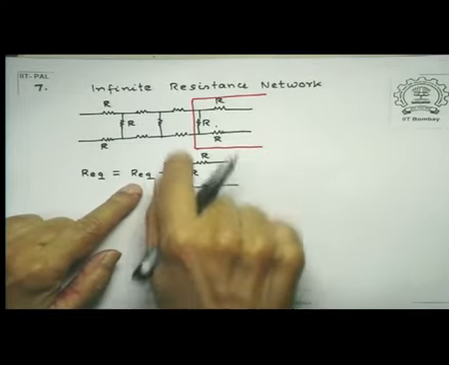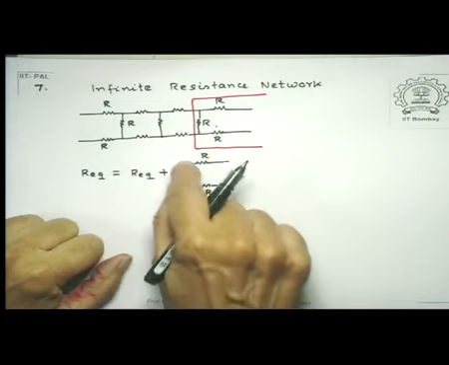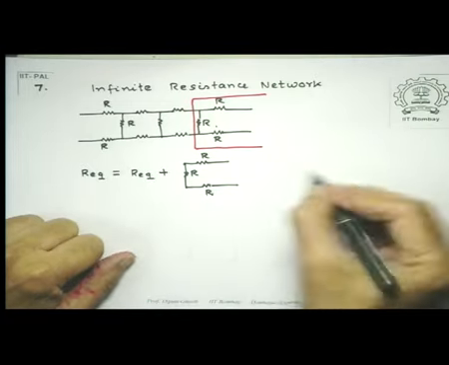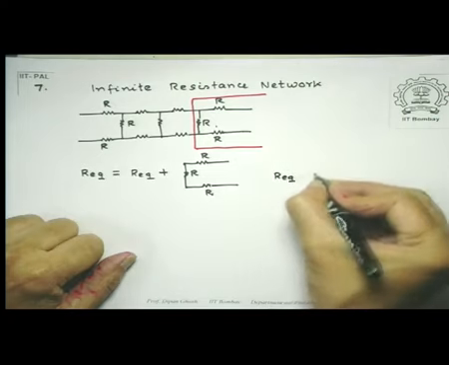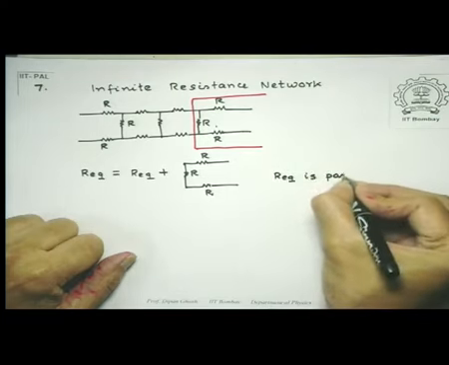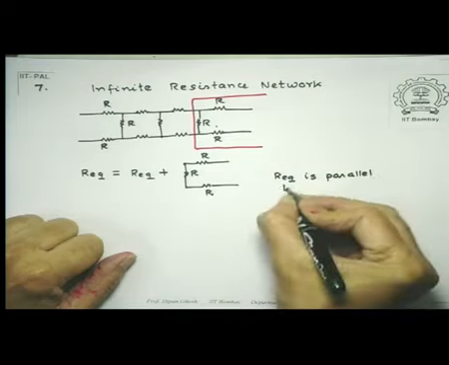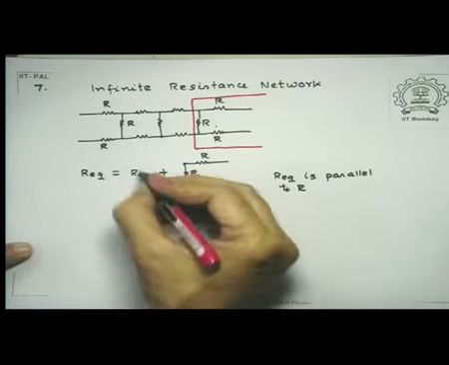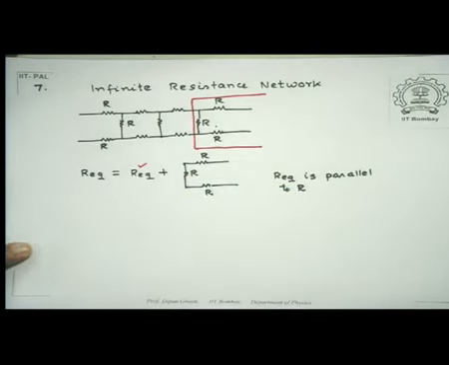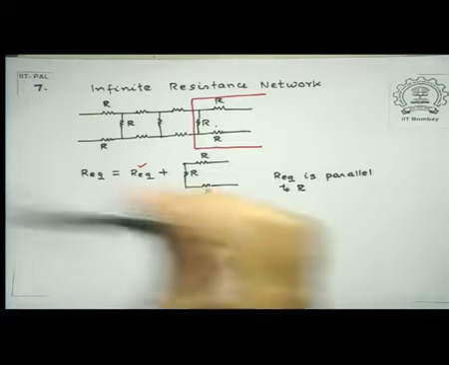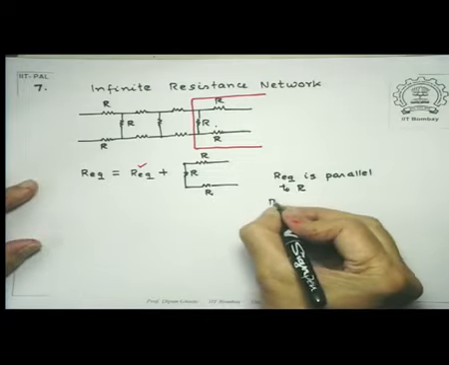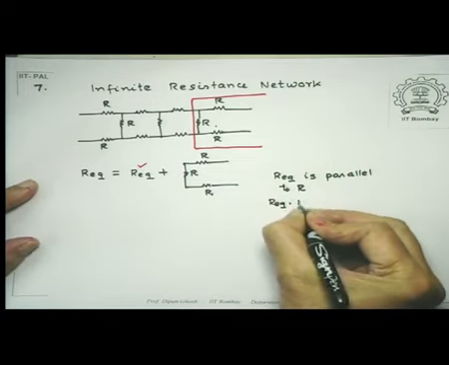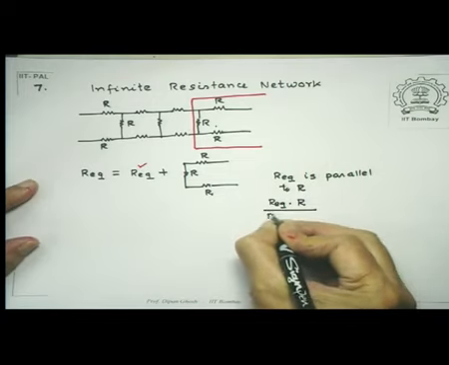This Req section has become parallel with this R. So Req is parallel to R. So the effective resistance coming from this section and that R is simply equal to Req into R divided by Req plus R.